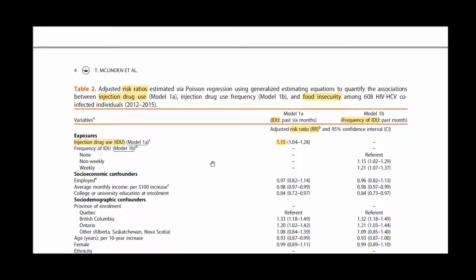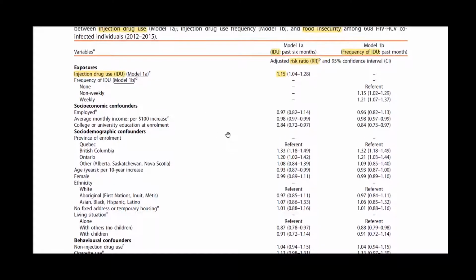This is a longitudinal analysis, meaning that we actually have measurements on substance use and food insecurity on participants repeatedly over time. Again, we look at the exposure in various forms, different numbers of categories or ways to break it down.